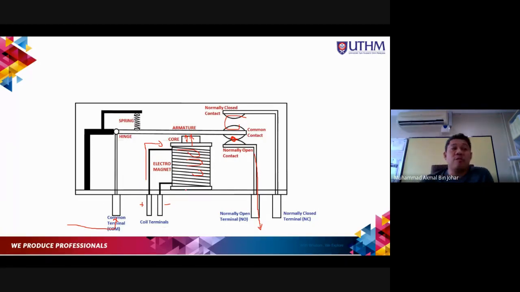That's why until now the electromagnetic relay is still relevant, because of its ability to handle high voltage. You can design a big armature structure that is able to handle high voltage and can be controlled with a very small electromagnetic current.